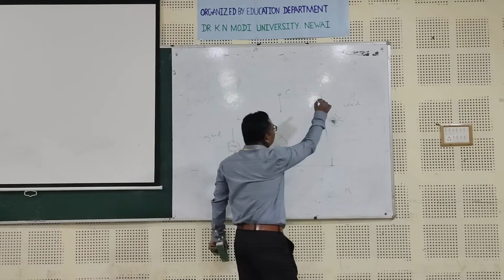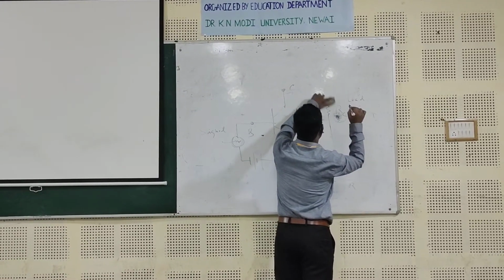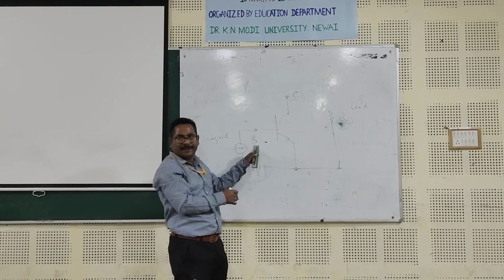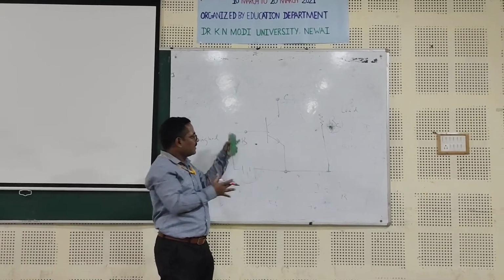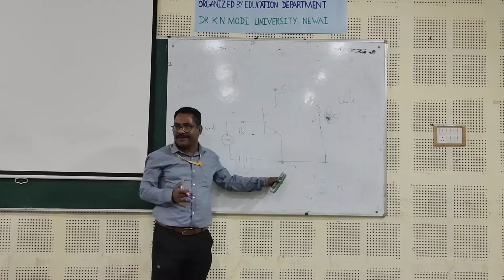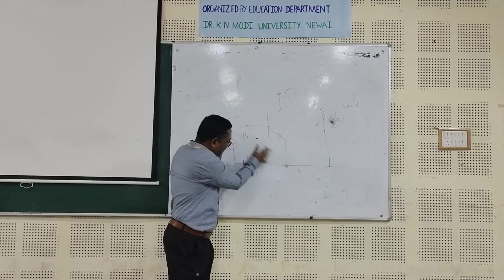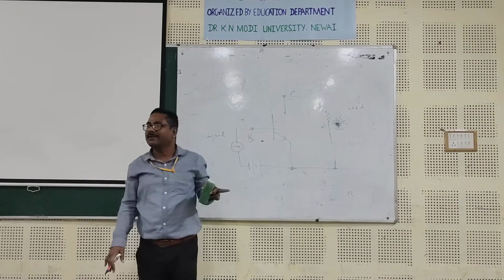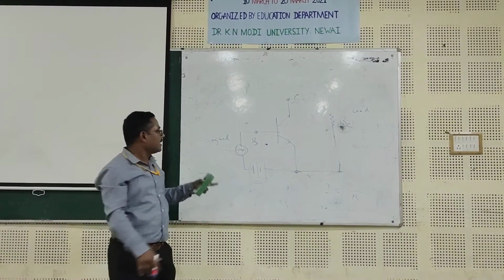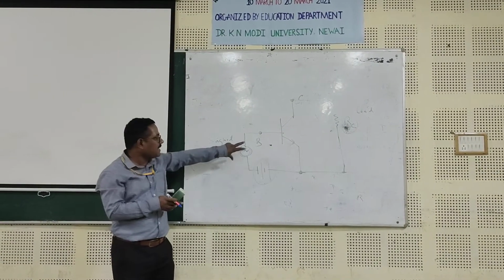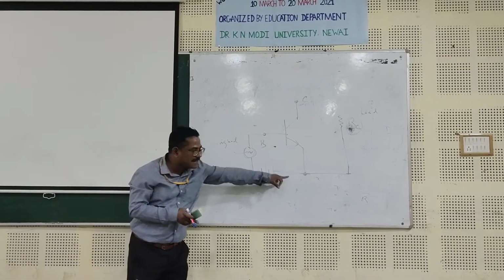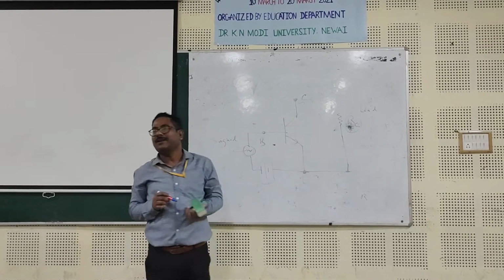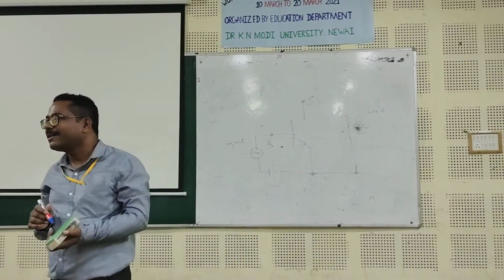This is your VCC. You also need to connect another DC source in the input. Please remember, the circuit in this region is called your input circuit. We feed the voltage here between base and emitter. This is your emitter terminal, so this configuration is called the common emitter configuration.